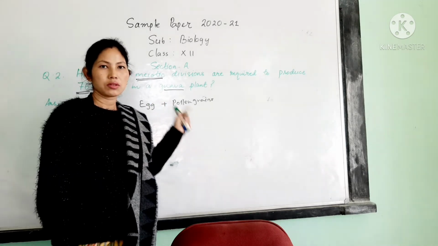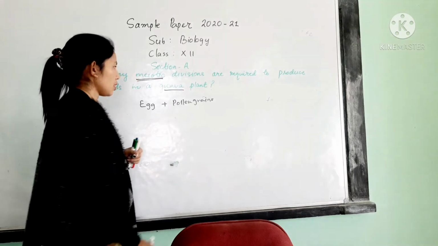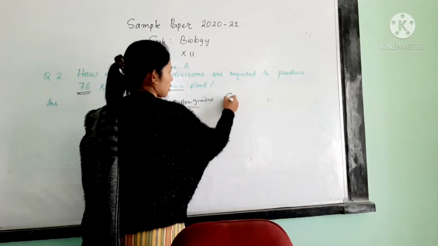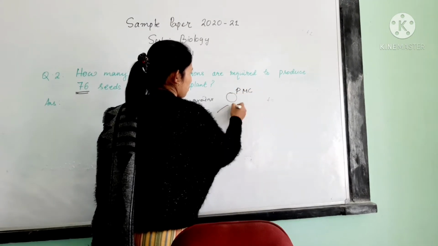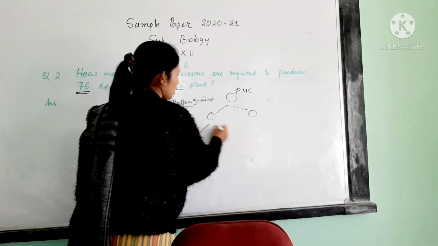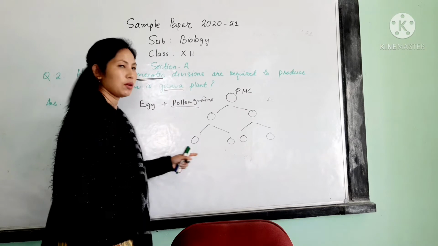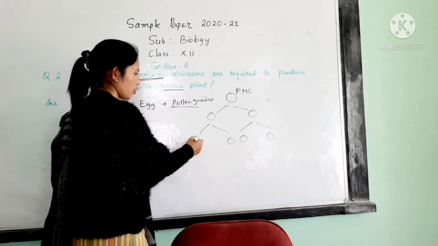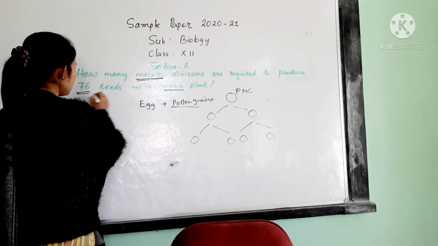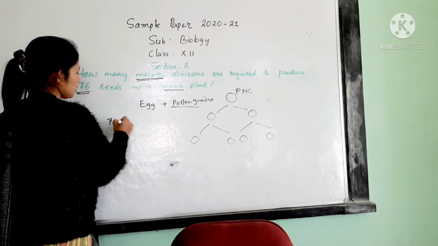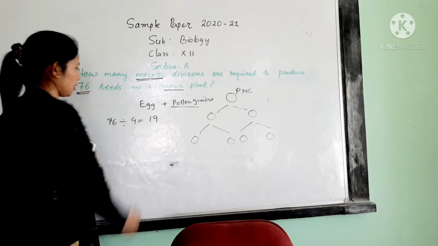To work it out, first let us see how many male gametes will be produced. We know that one pollen mother cell, by undergoing meiotic division, results in the production of 4 haploid pollen grains. It means dividing the total number of seeds, 76, by 4, we obtain 19.